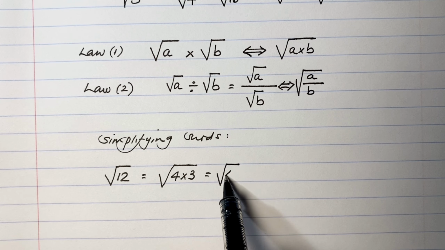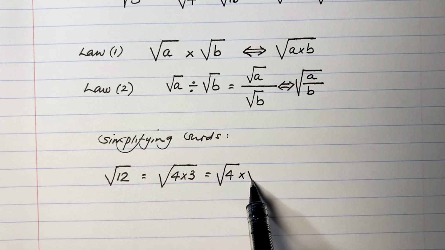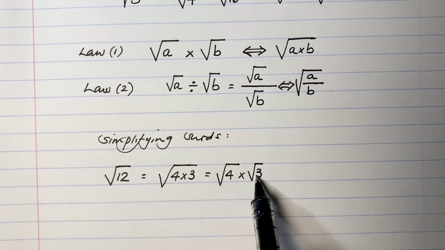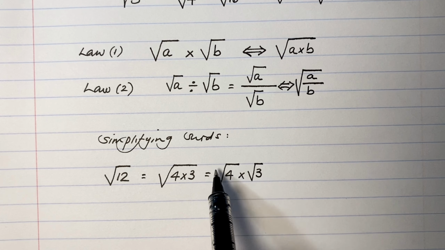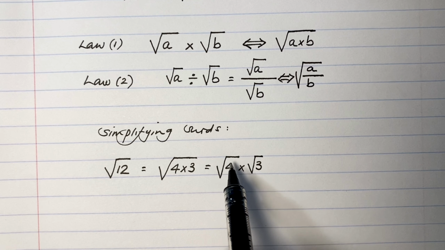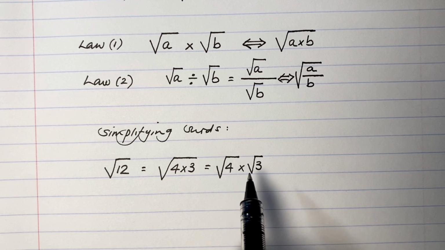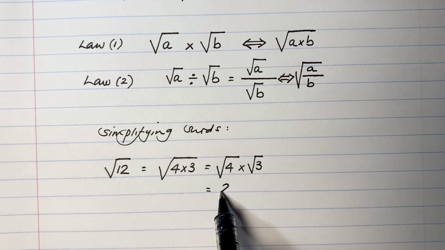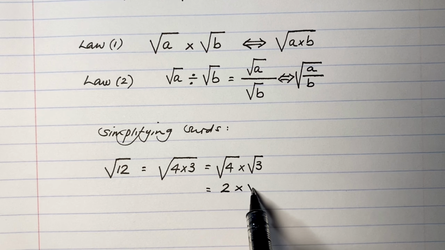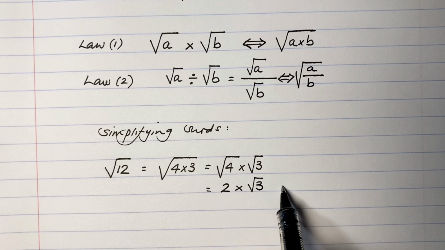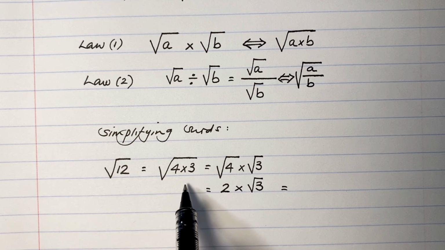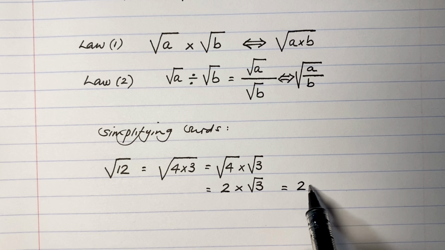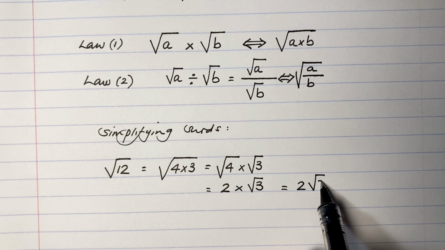It would be root of 4 times root of 3. But root of 4 is not a surd, it's the square root of a square number. That becomes 2 times root 3. So root of 12 is now simplified to 2 root 3.